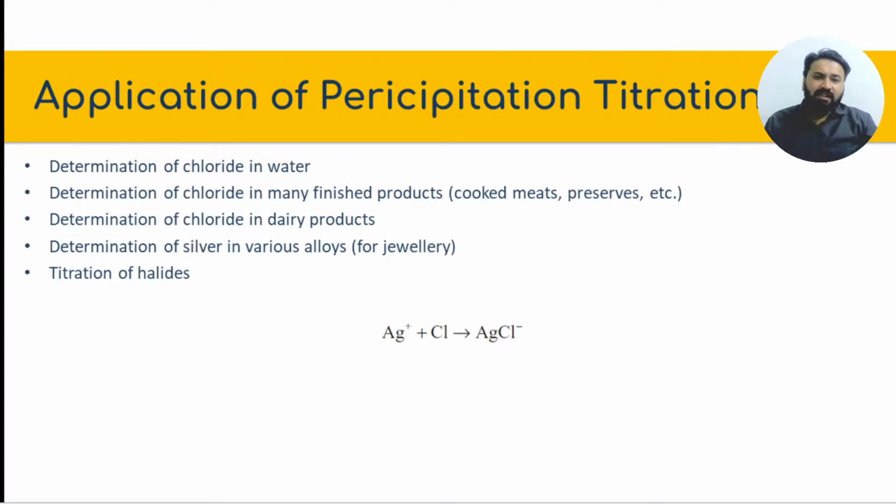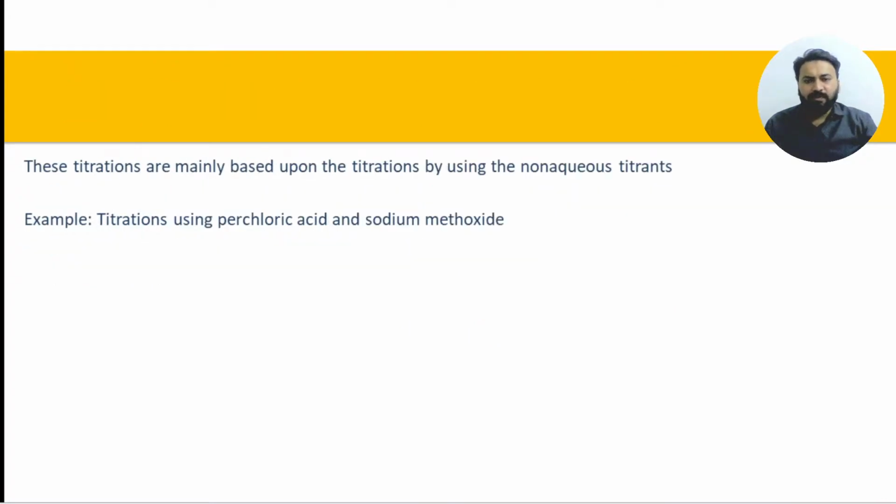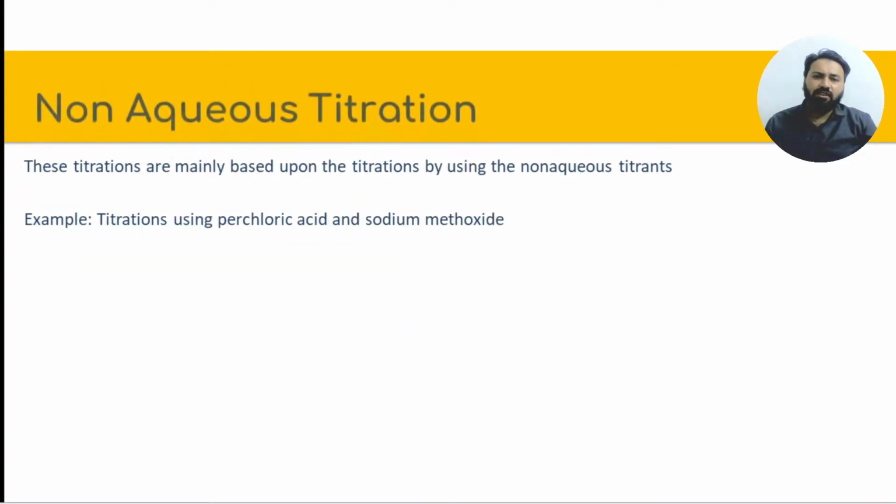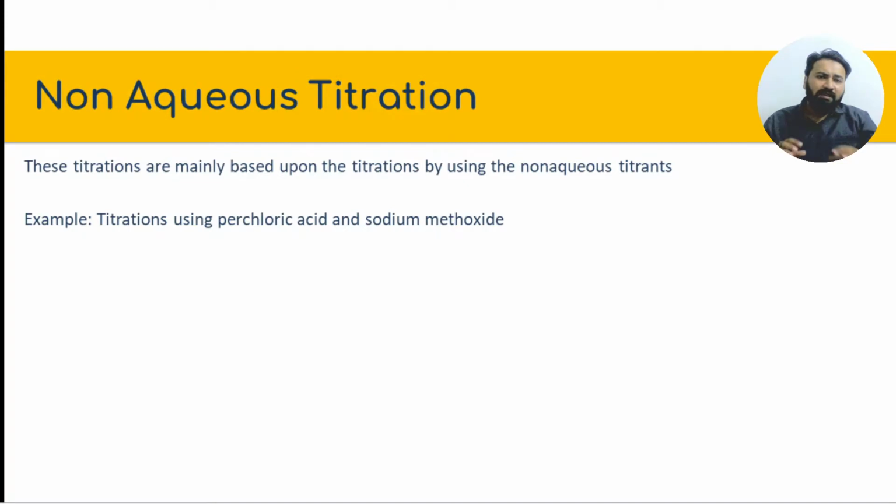The next is non-aqueous titration. If you see non-aqueous titration, it is mainly based upon titration using non-aqueous titrants, just like perchloric acid, sodium methoxide, dimethyl formamide. These are the compounds which are used instead of water.